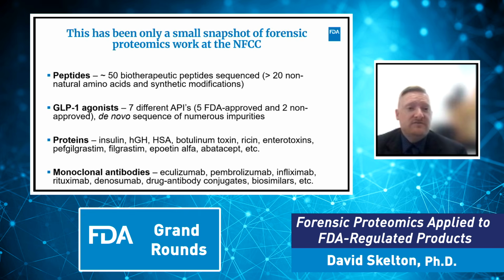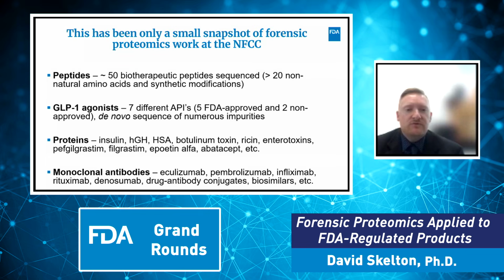As you can imagine, recently we've been getting in a lot of GLP-1 agonists. We've been able to determine the unique sequence of over 7 different active pharmaceutical ingredients for GLP-1 agonists, 5 of which are FDA approved. We've analyzed 2 of them that are not FDA approved GLP-1 drugs.